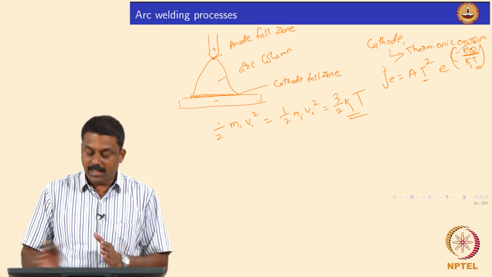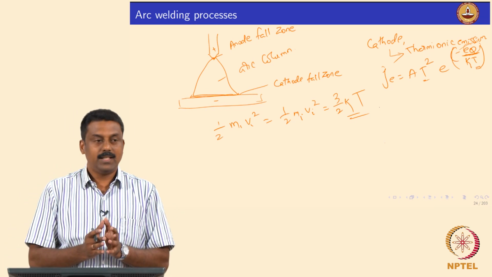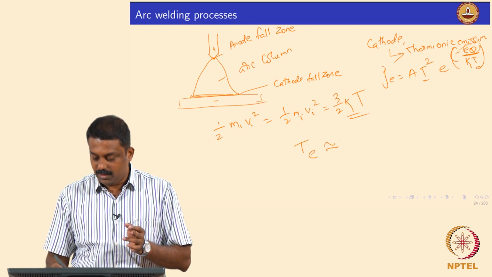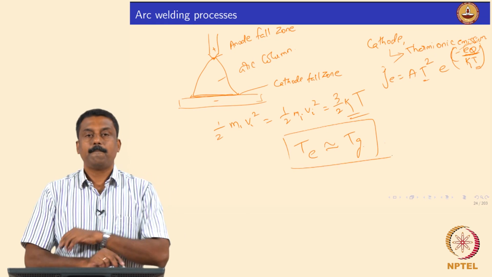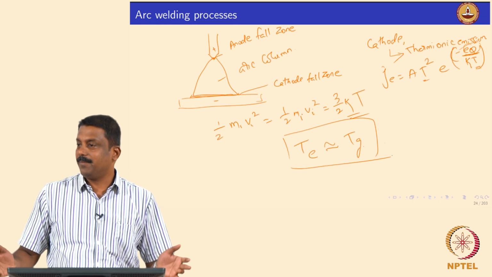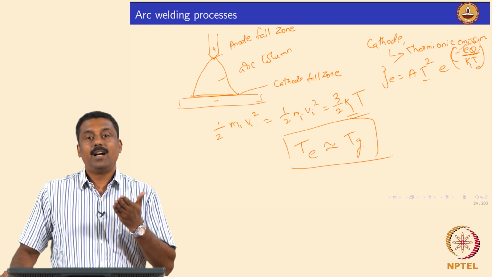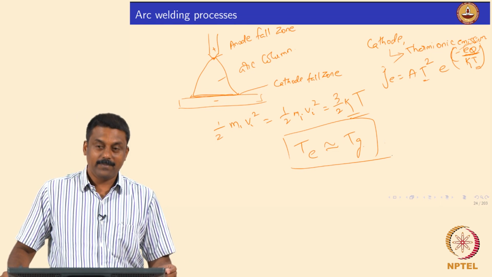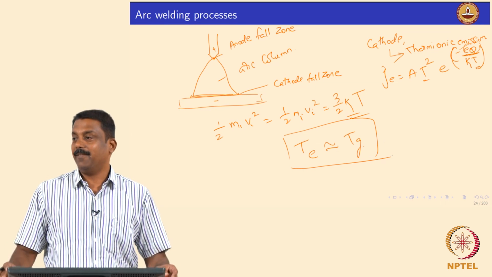Ideally, if electrical neutrality is maintained and mutual collision happens, then the electron temperature must be equal to the gas temperature, right? That is a complete energy exchange system. It is an equilibrium, electrically neutral and in thermal equilibrium as well. This is the ideal state we can have.